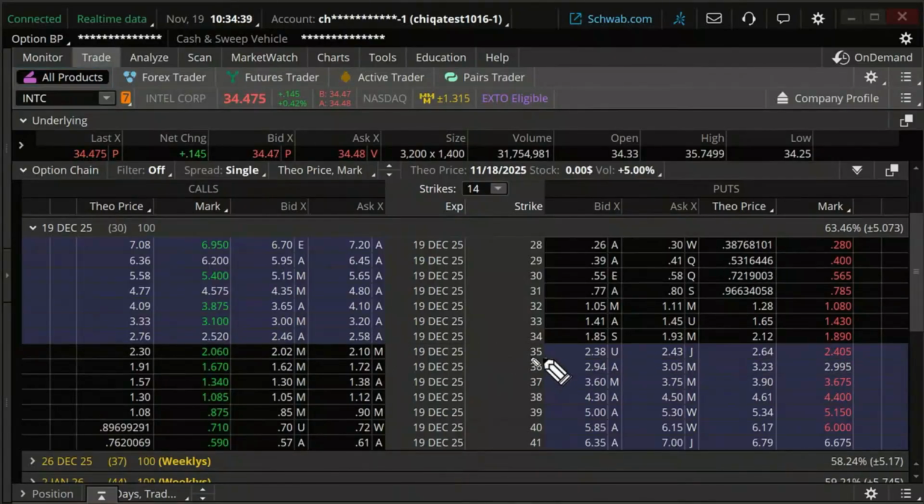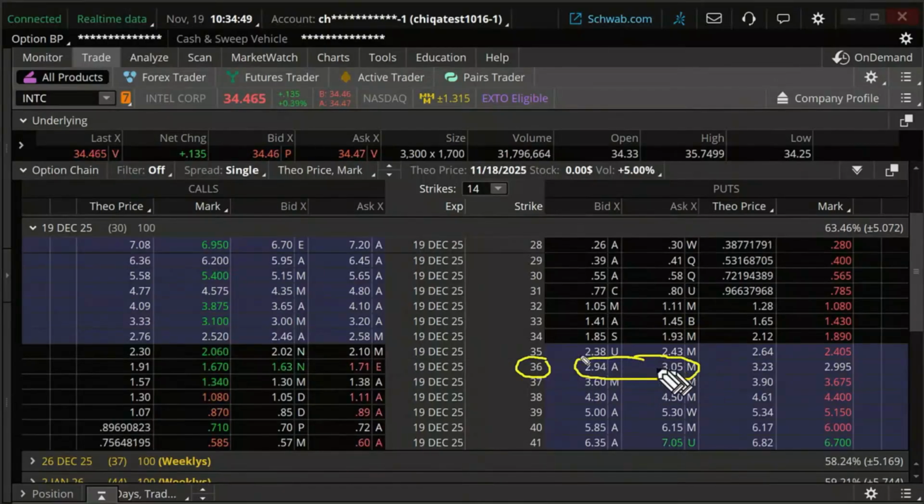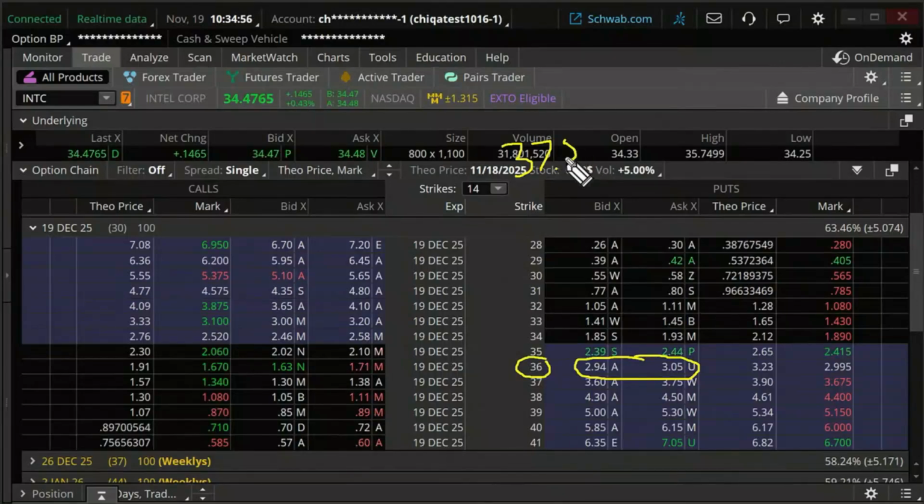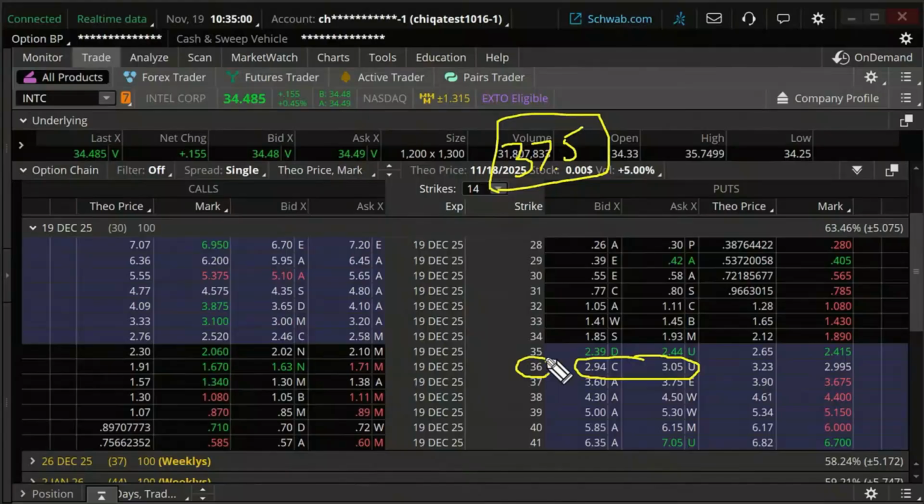What if I rolled it down to 36? The net cost of that, buying back the one for 300, selling a new one for approximately, we'll say 300, is almost going to be a wash there. And I'm rolling it from a 37.50, agreeing to buy Intel at 37.50, to agreeing to buy it at $36.